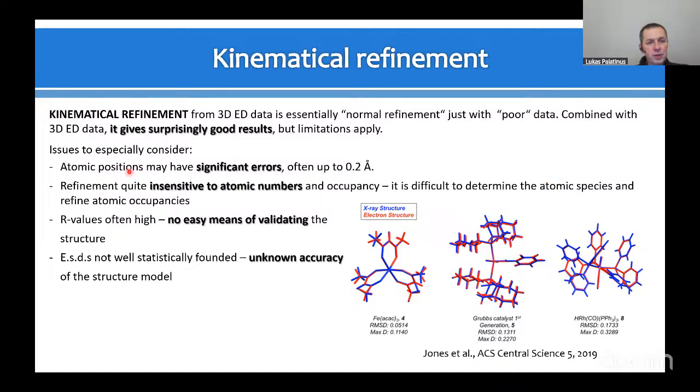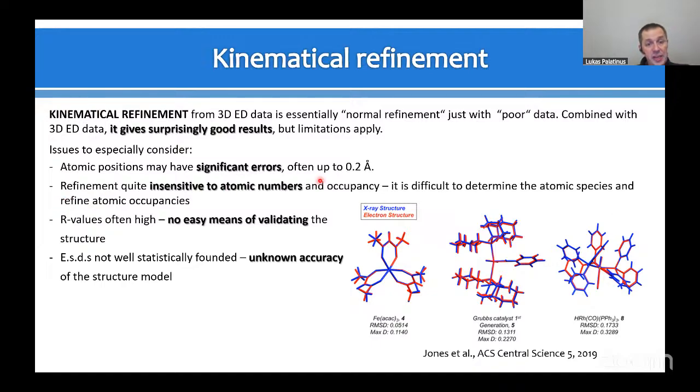But the issues to keep in mind are that you may have significant errors on atomic positions, up to 0.2 angstroms, which is not a lot if you are only interested in connectivity, but of course it may be a lot for some more subtle details in the structure.